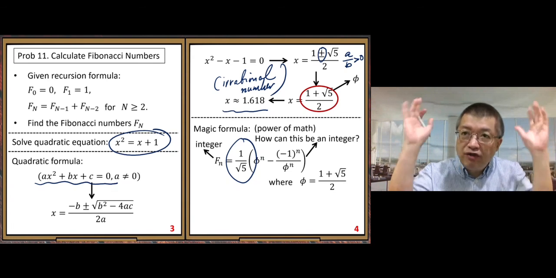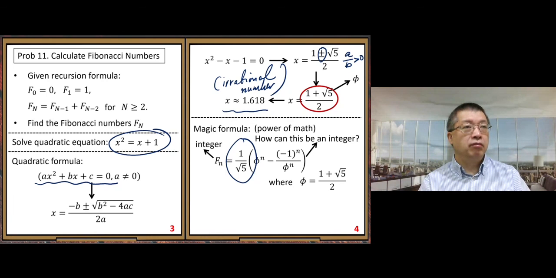That integer is a Fibonacci number. That's the magic. Usually it is very hard for people to imagine why it can happen. But in our video, part D, we will see why it is true.